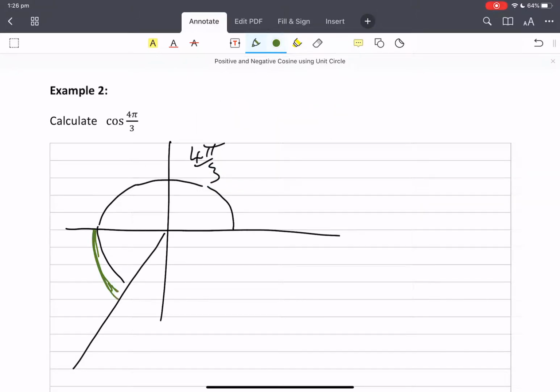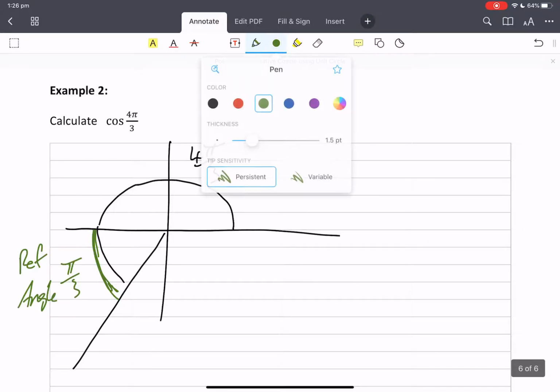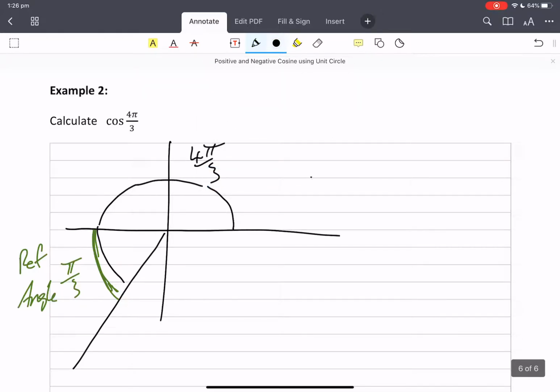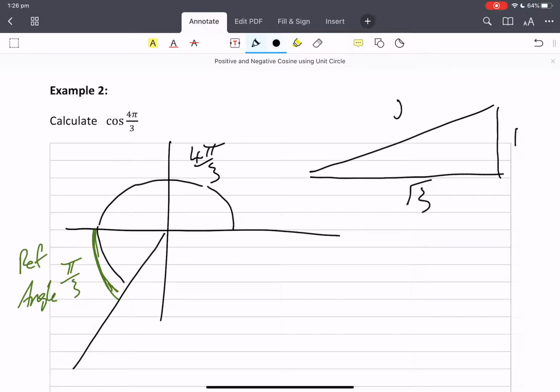That angle there is pi on 3. So I need to draw a triangle. That's my reference angle. Reference angle is an acute angle measured from the x-axis. I need to draw a triangle with a pi on 3 in it. There's my pi on 3.